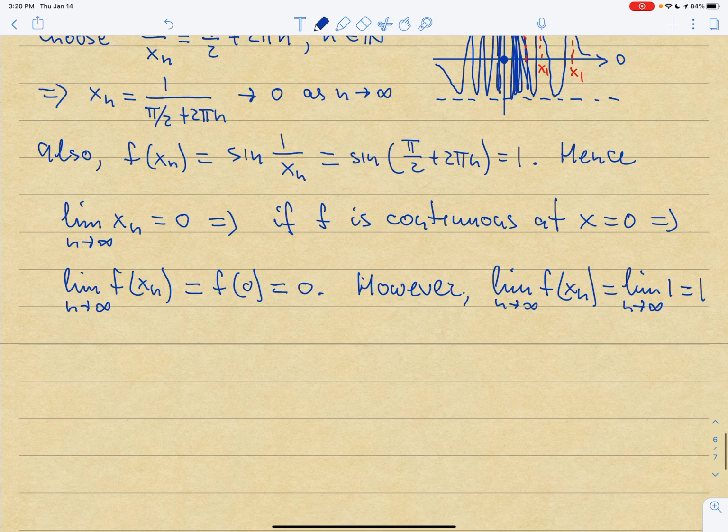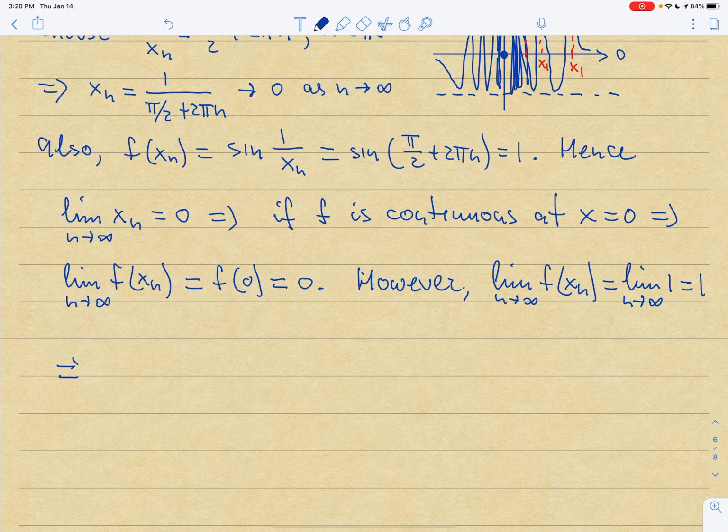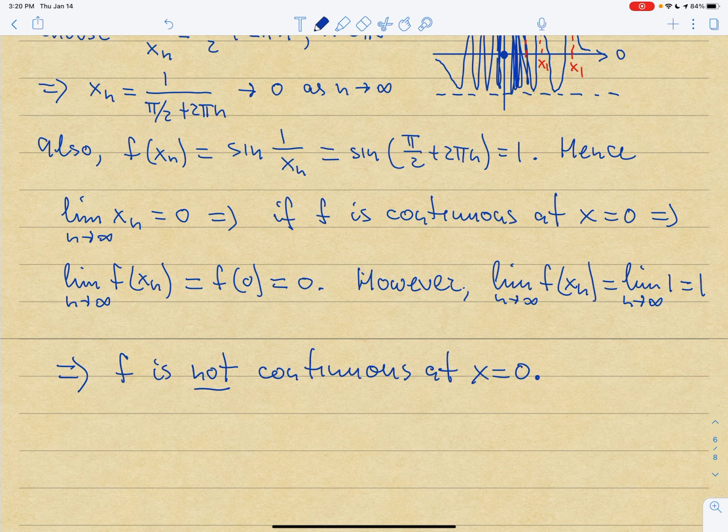And so therefore, f is not continuous at x equals 0. Okay, so I hope that you got the hang of how continuity is proved. And so next time we're going to start talking about properties of continuous functions.